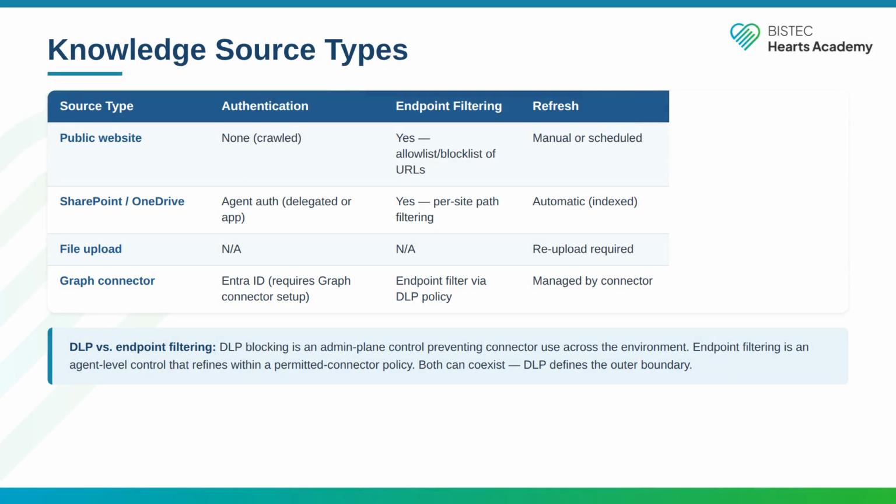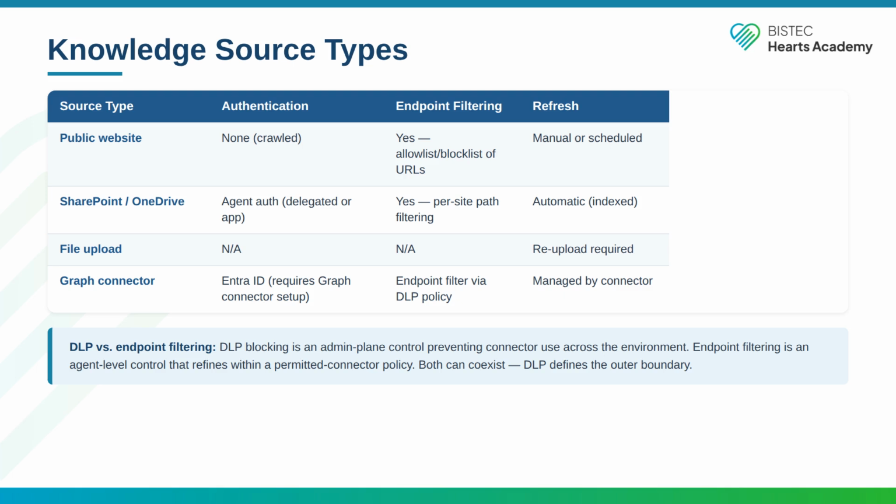Knowledge sources are how agents retrieve information beyond what is directly encoded in their topics. There are 4 source types in Copilot Studio, each with distinct authentication models, filtering capabilities, and refresh behaviors. Public website sources are crawled without authentication. The agent accesses publicly available URLs.